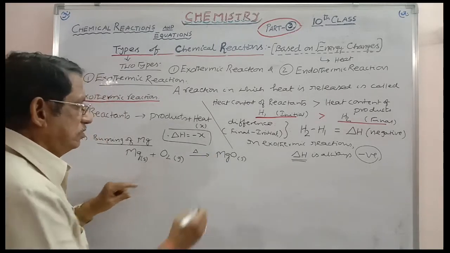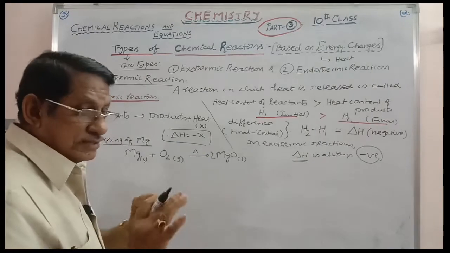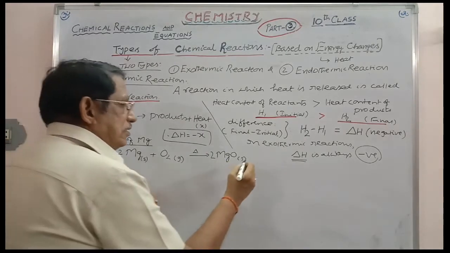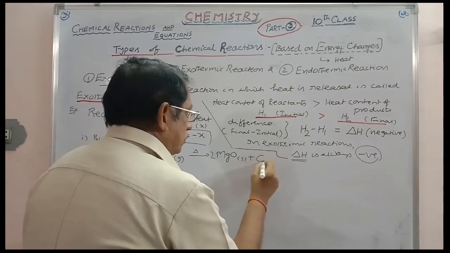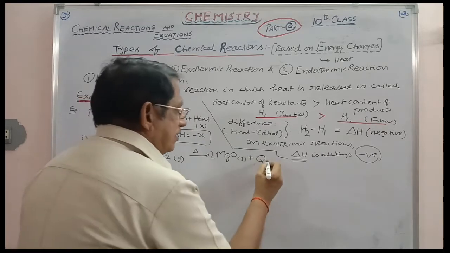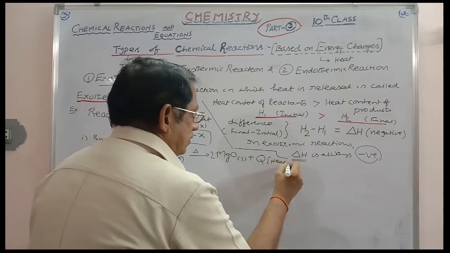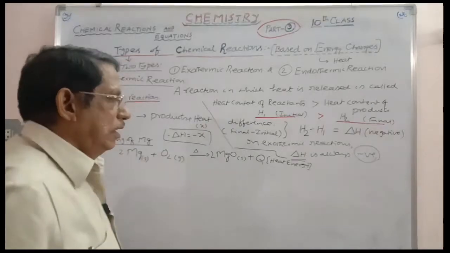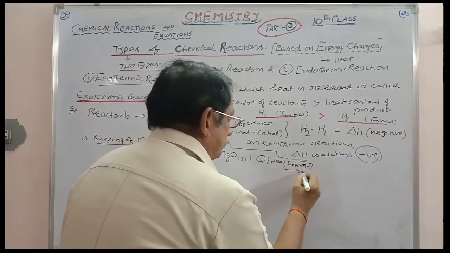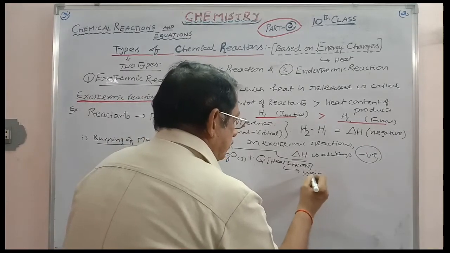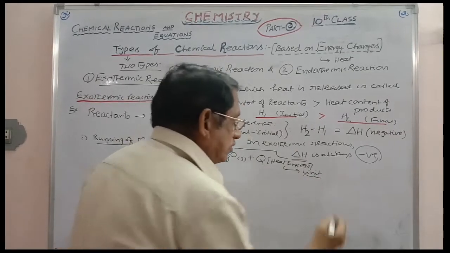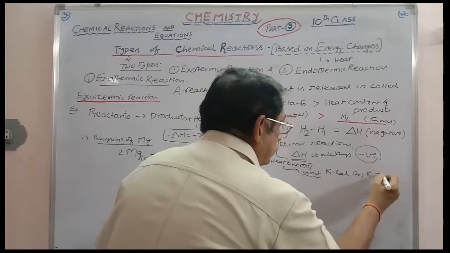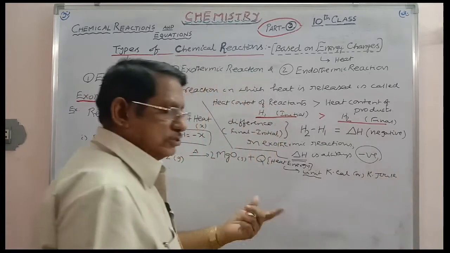Balancing two oxygens here, you have to write 2 here, you have to change only the coefficient but not the formula. 2 Mg here, 2 MgO. And here, plus Q, heat energy. If you take the unit for heat energy, it may be expressed in kilocalories or kilojoules or calories and joules.